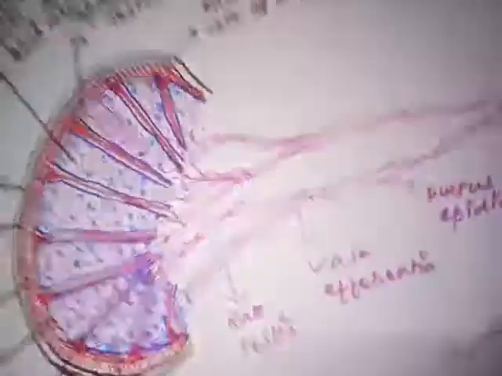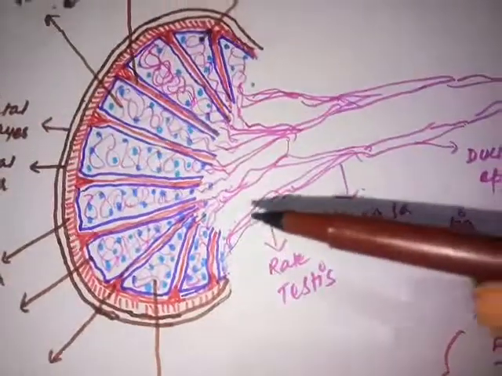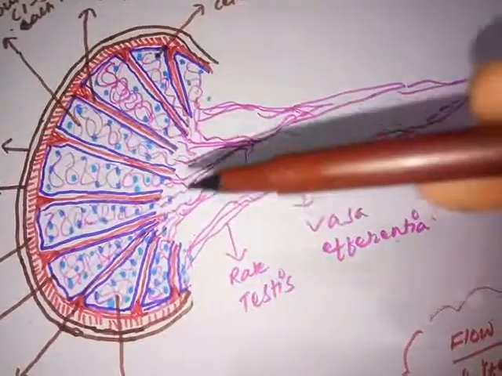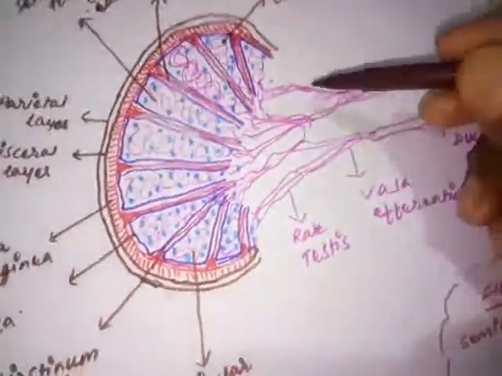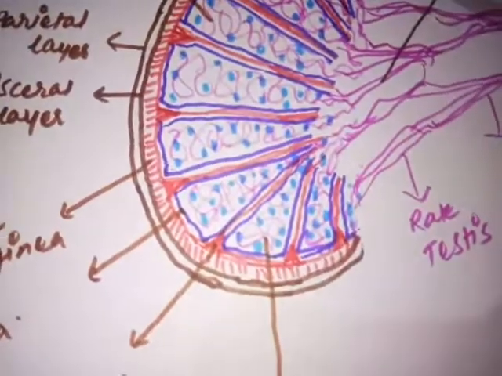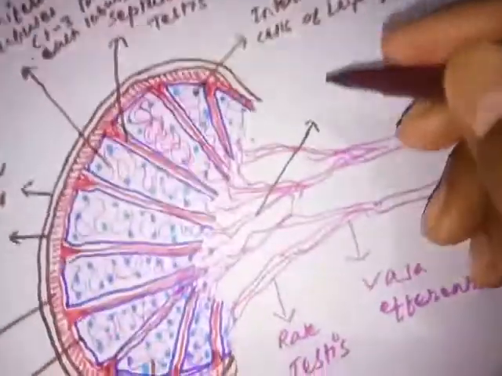Now what happened? All the seminiferous tubules come out from the testicular lobule and get collected in the lumen of the testis. This portion will be considered the lumen.